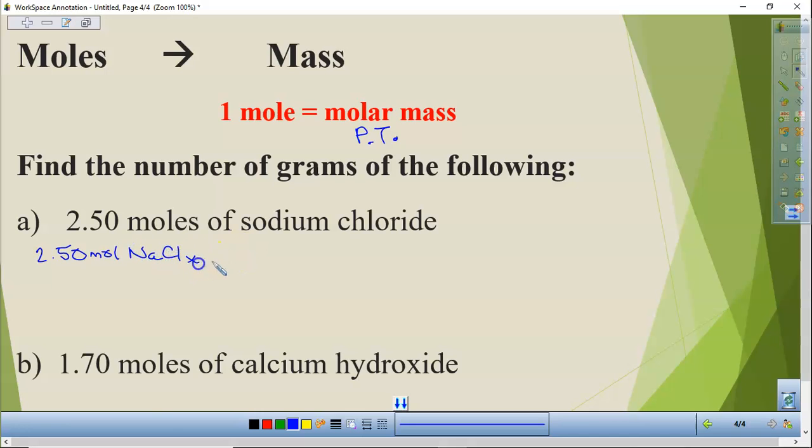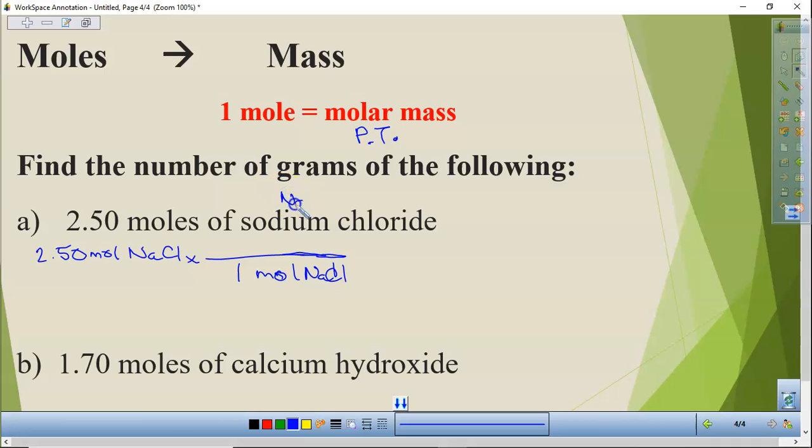Before I do anything, I take the unit and put moles of sodium chloride, NaCl, in the denominator. Up here, what number is next to mole? 1. What's the other part of that conversion factor? Molar mass of sodium chloride. So I need to find the molar mass of sodium chloride.